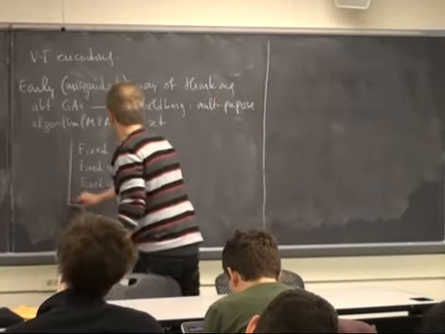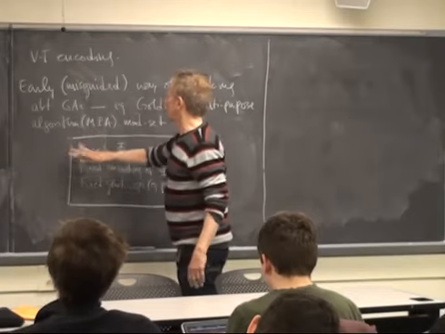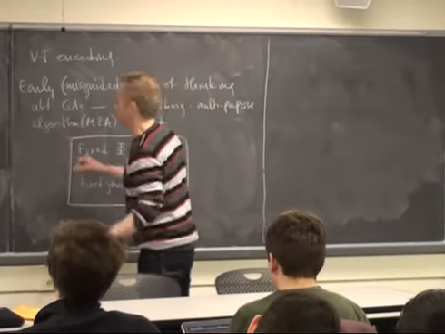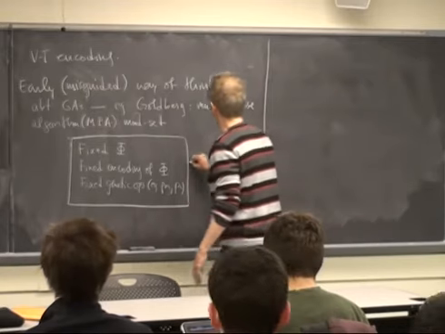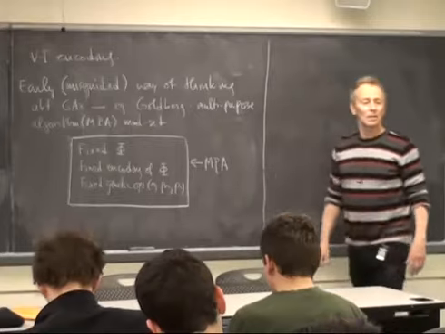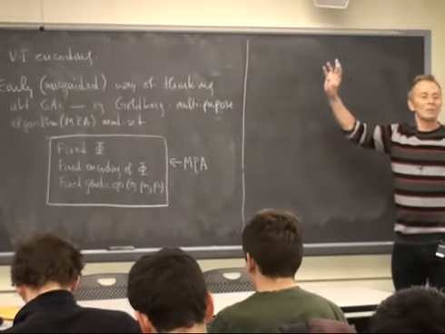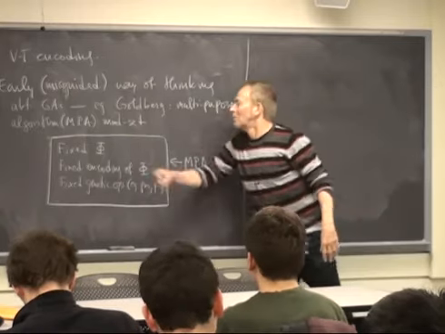And you think of this as a box. This is a piece of software that some computer scientists will sell you. Here's a multi-purpose algorithm. You can use this to solve lots of different optimization problems over phi.